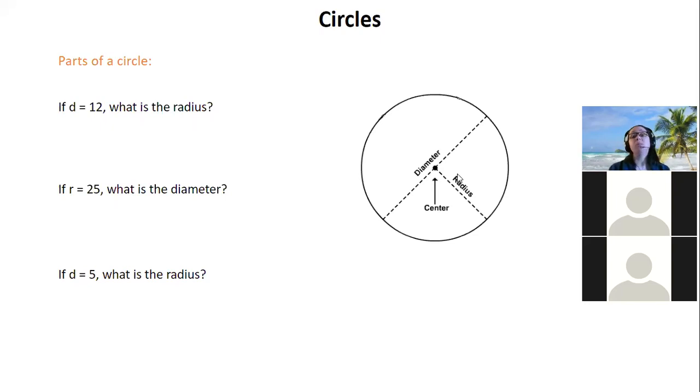Perfect. So if we have a diameter, or a distance across the circle, of 12, what would our radius be? Good. If we have a radius of 25, what would the diameter be?